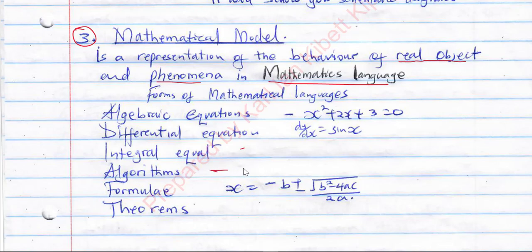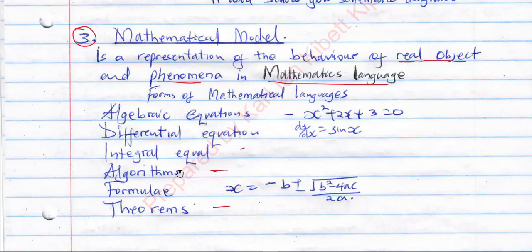We have so many algorithms in mathematics, like the Ford-Fulkerson algorithm and the Edmonds-Karp algorithm. Then we have theorems, like the Pythagoras theorem, the common one, and then the formula for the quadratic equation, that is x equals minus b plus or minus the square root of b squared minus 4ac, divided by 2a.